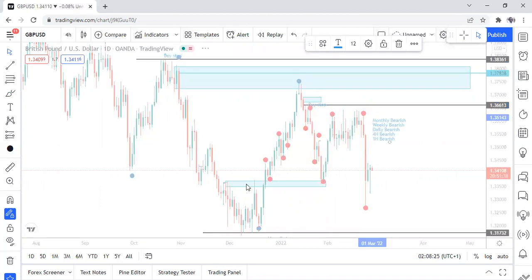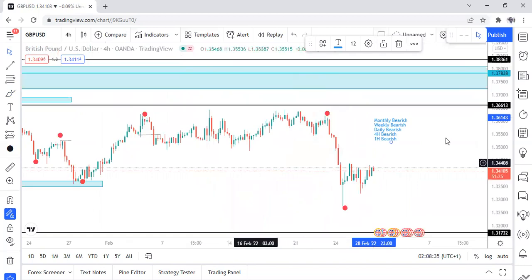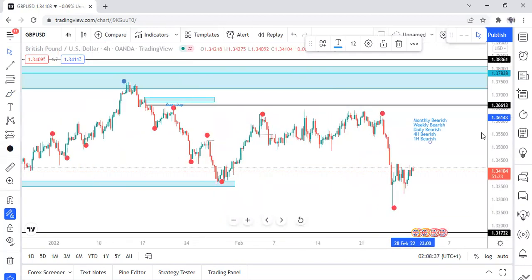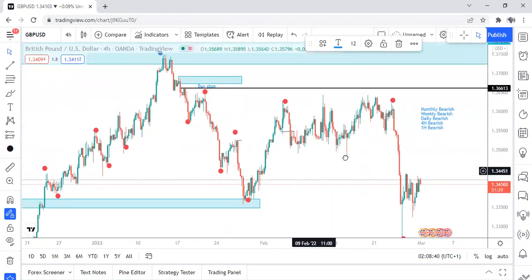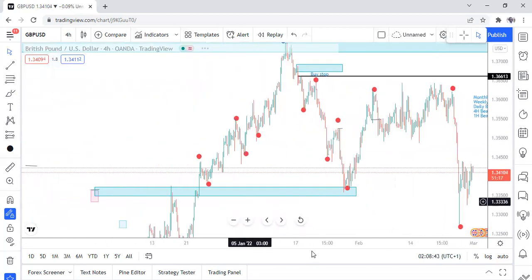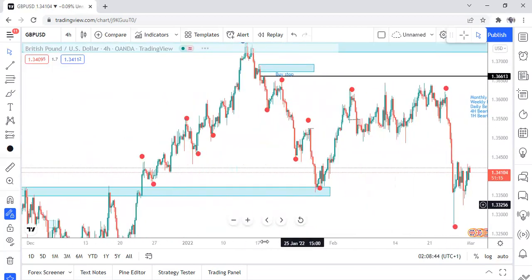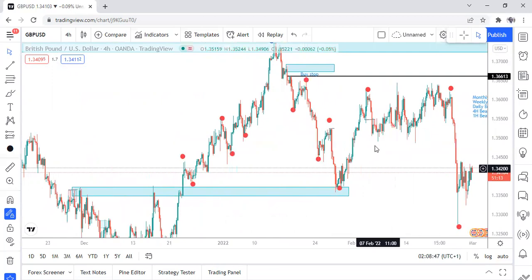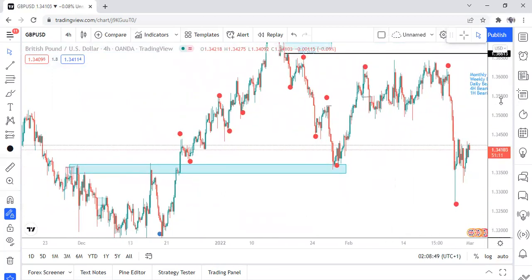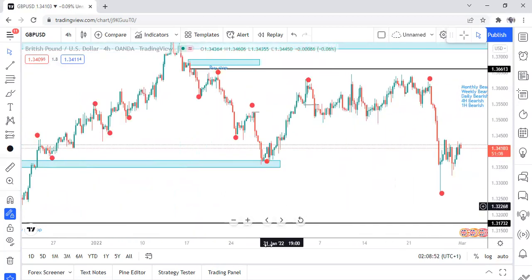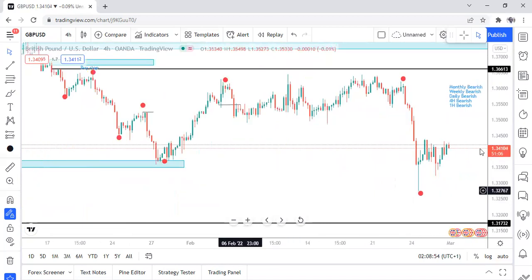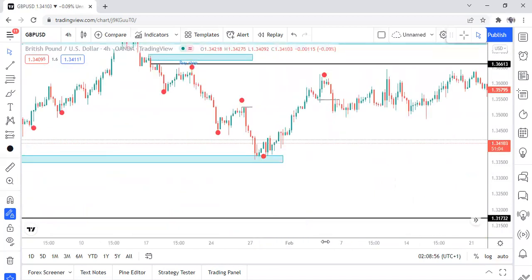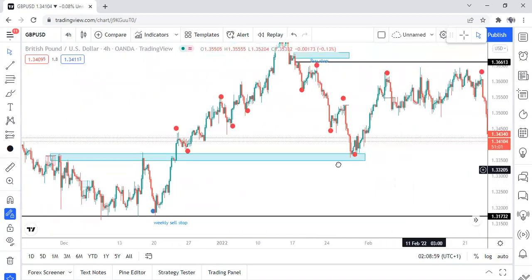When we go down to the 4 hour, this is GU actually. So now we're on the 4 hour time frame. Just like I told you, the blue dot signifies the higher time frame structure, while the red one signifies the internal structure, the 4 hour and 1 hour.